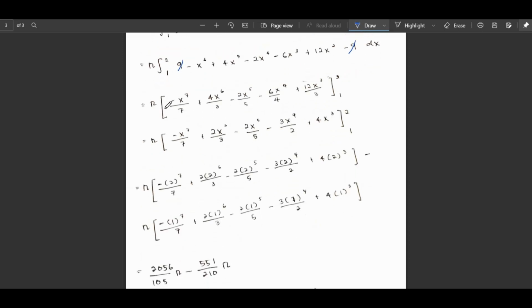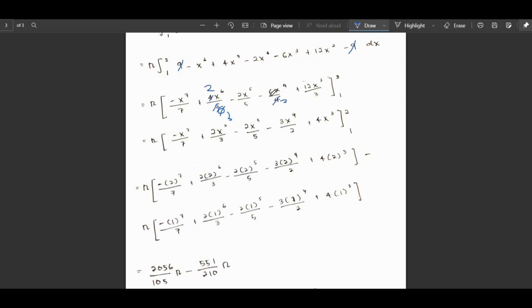Then we start integrating the equation. Sorry, this is supposed to be 6. After we finish integration, we simplify it.